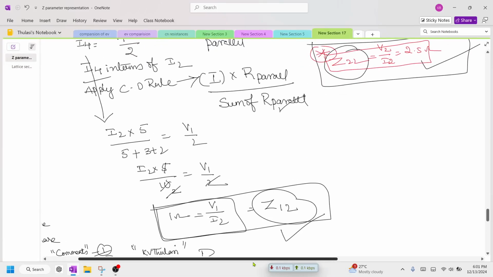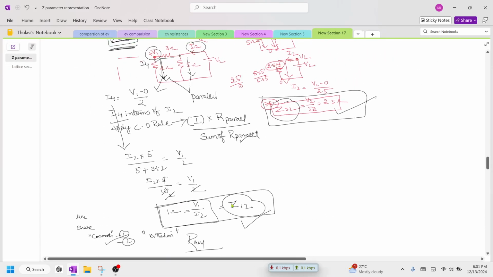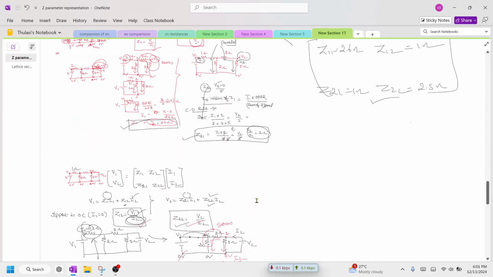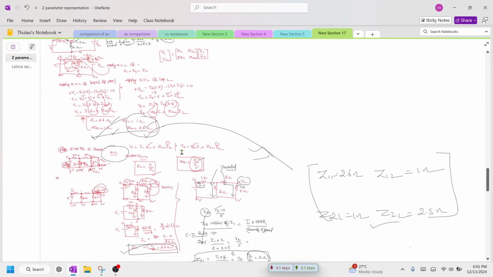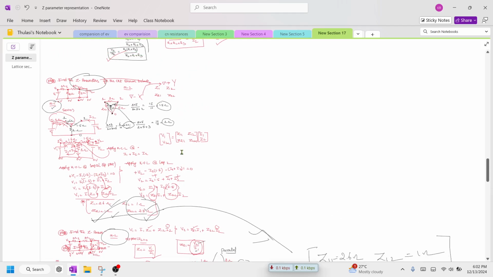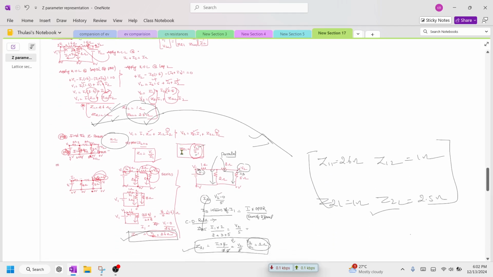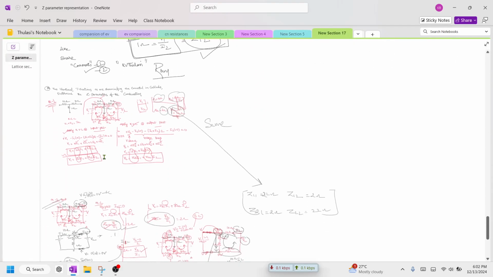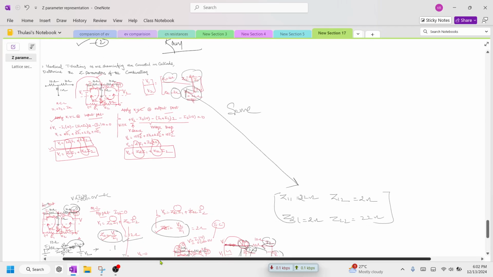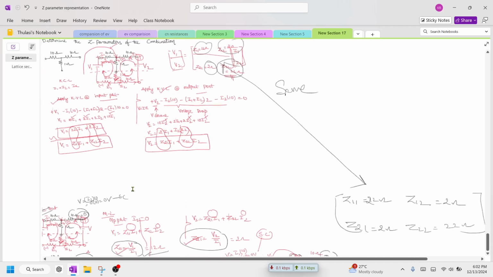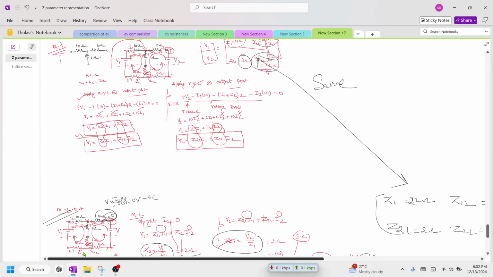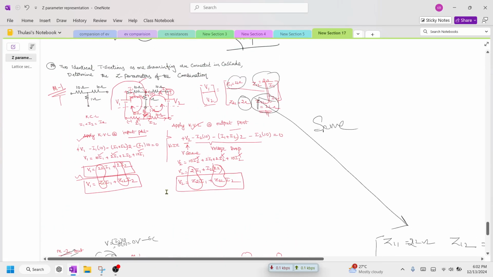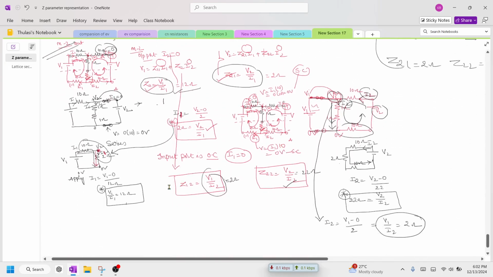You can use the first method of solving directly by applying KVL to the two loops, or you can use this method of solving to get the values. So you can use whichever method you are interested in. The answers remain the same.